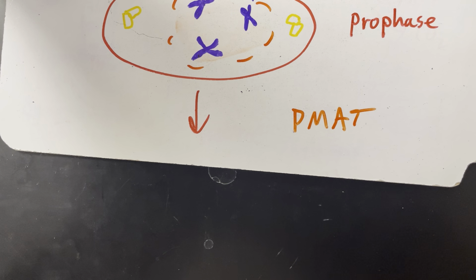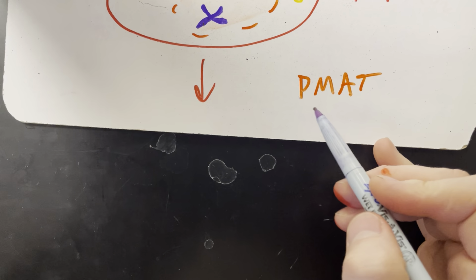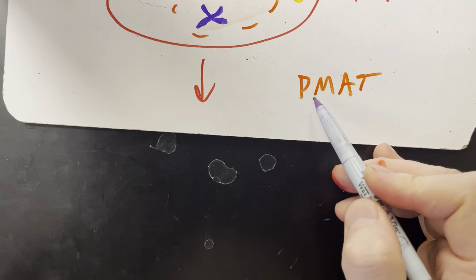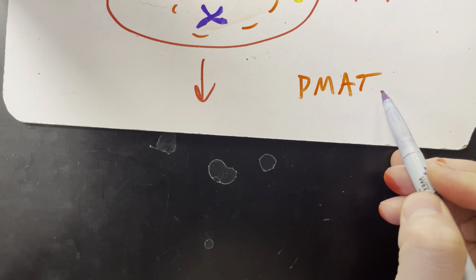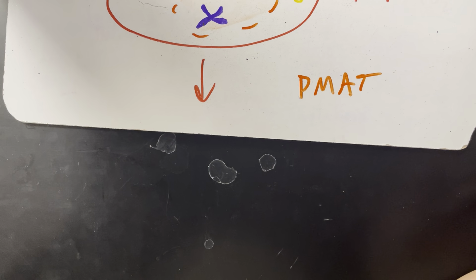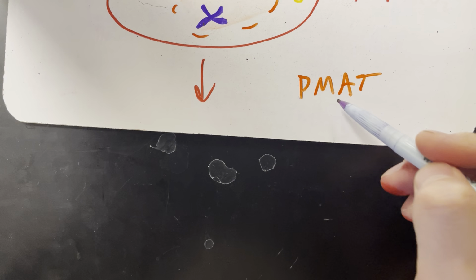I'm gonna give you 30 seconds. Come up with a mnemonic device to remember PMAT. Jalen's gonna come up with it. I'm coming up with my own. I've already made like 5. Plant my apple tree.